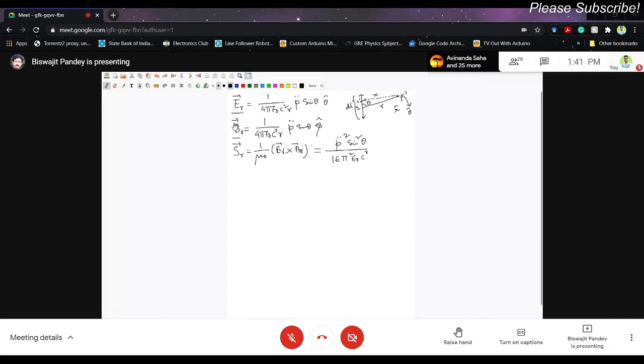Let me just check whether it is 1 by 4 pi epsilon 0 c square r p double dot sine theta. Yes, that's correct. Okay.